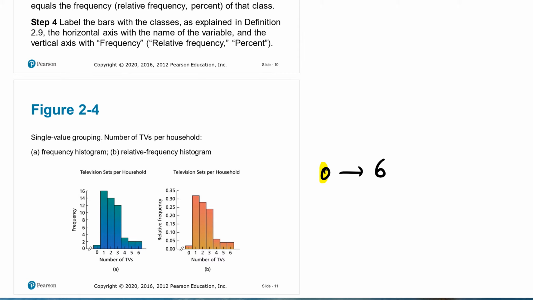So that goes on the horizontal axis. You start labeling them 0, 1, 2, 3, 4, 5, 6. And then the frequency, or relative frequency, goes on the vertical axis. And that's what happened here. The number of TVs went here from 0 to 6, and the frequency goes there.